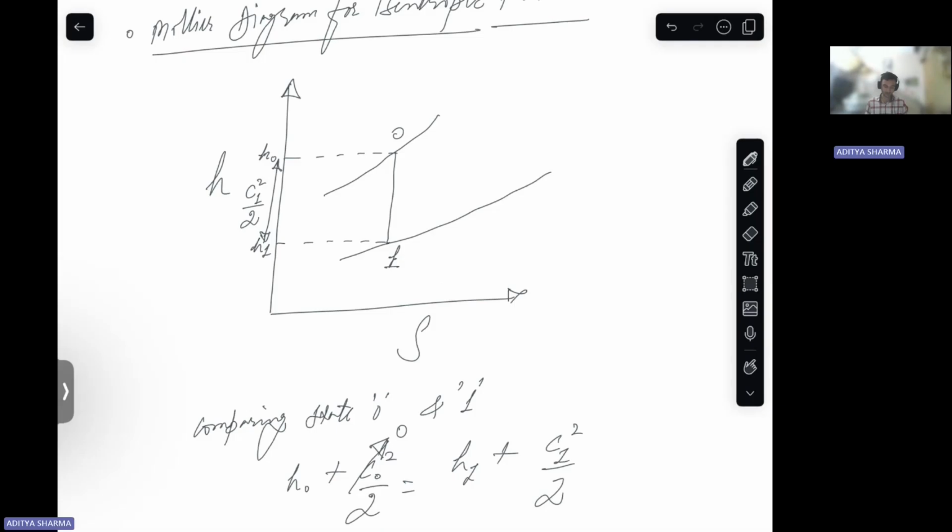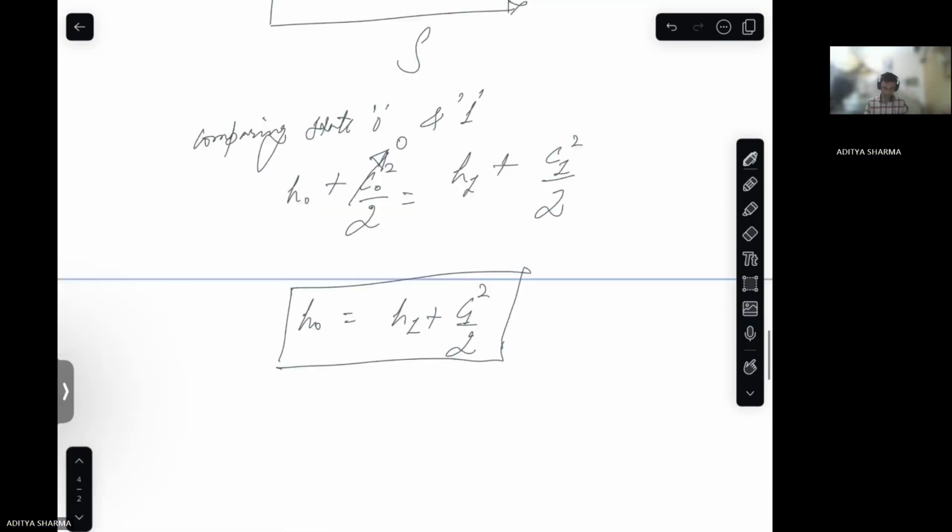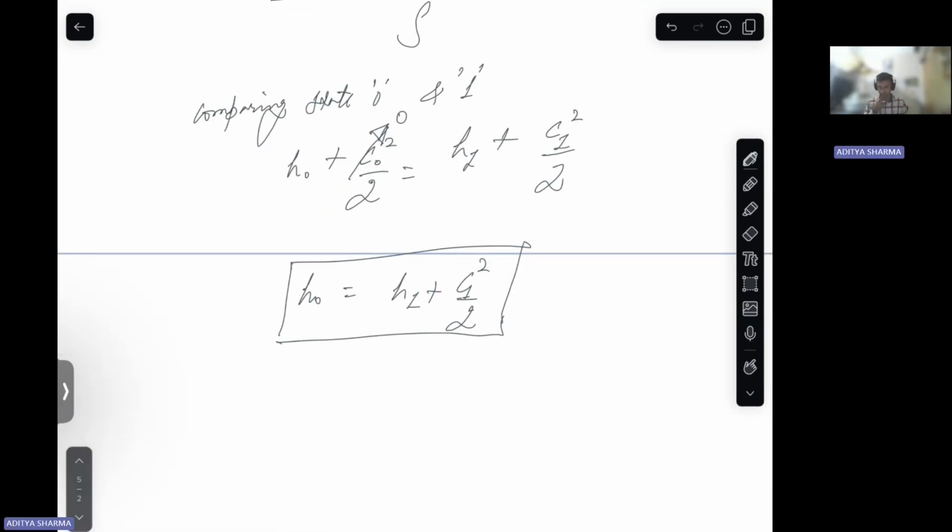The difference between the two states in terms of enthalpy is C1 square by 2. This is what we call expansion in this direction, and if we move in the opposite direction, it will be called compression.